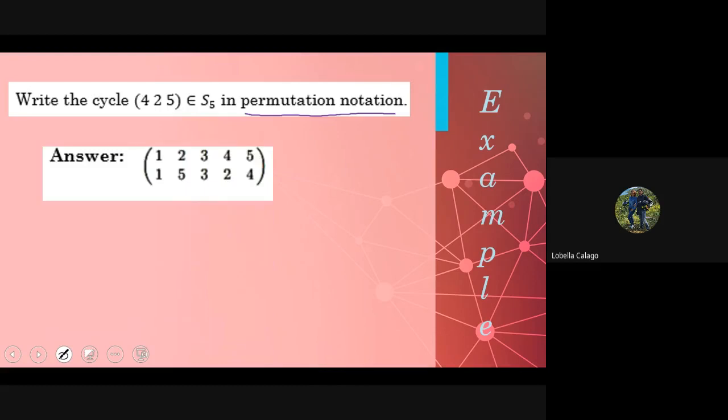So, paano nangyari yan, ma'am? Okay, so isusulat natin, no? I-write natin yung cycle in a permutation notation. So, 1, 2, 3, 4, 5. Ayan. So, wala siyang 3 and 1 sa cycle (4 2 5). So, therefore, it maps to itself. Yung 1 and 3, mapping to itself. Pag cycle, ganun po yan.